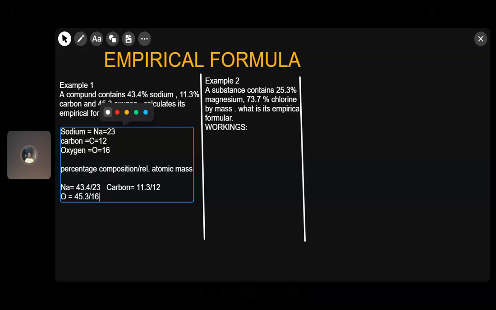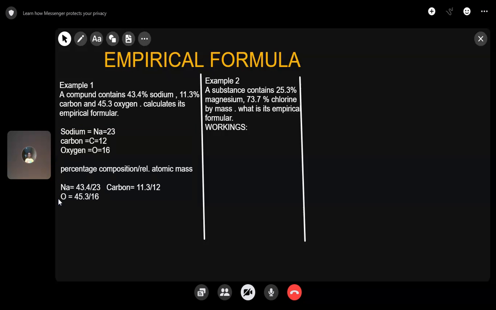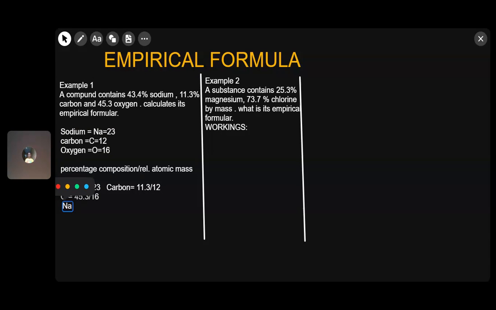So now let's divide: 43.4 divided by 23 for sodium equals, when you use your calculator, 1.89.